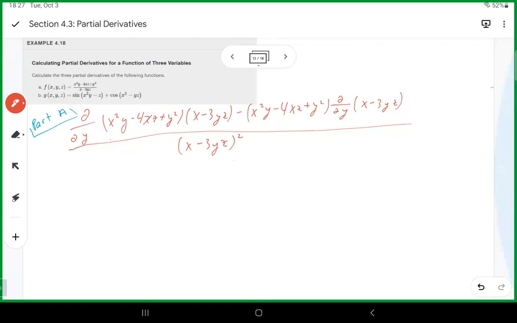So here we would have minus 4x. Nope. That's for the next one. We're gonna have x squared minus plus 2y.